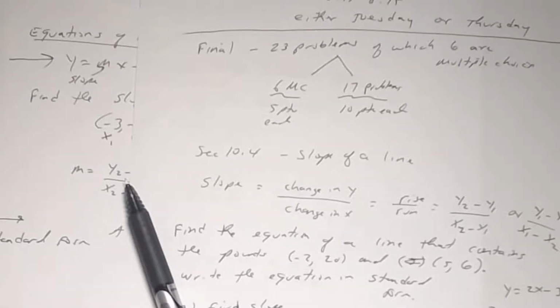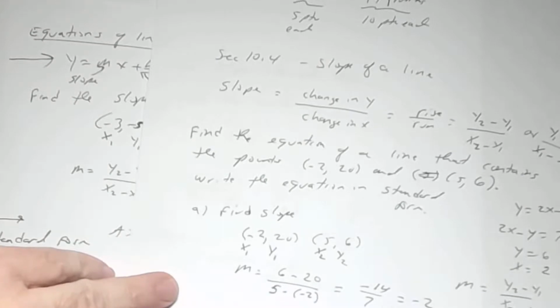The integers are your whole numbers and their negative counterparts. So -7 is not a whole number. -7 is an integer. 7 is a whole number, and it's also an integer, right? So the slope in your final is going to be an integer, so you don't have to worry about fractions at all.